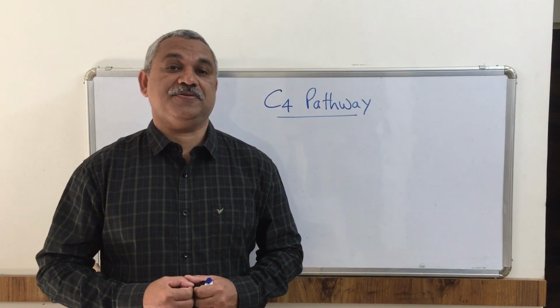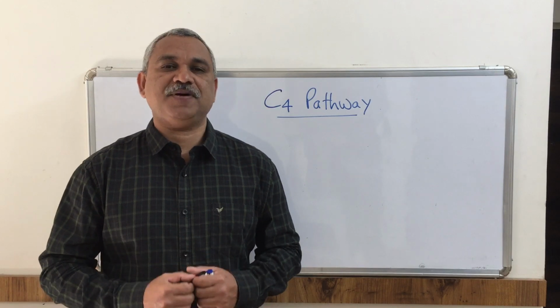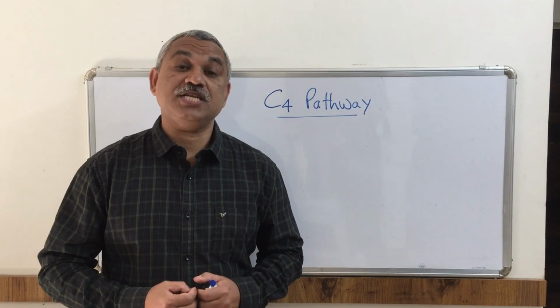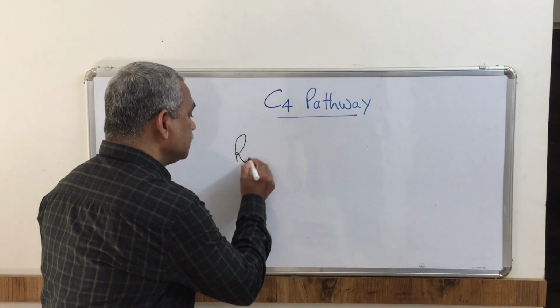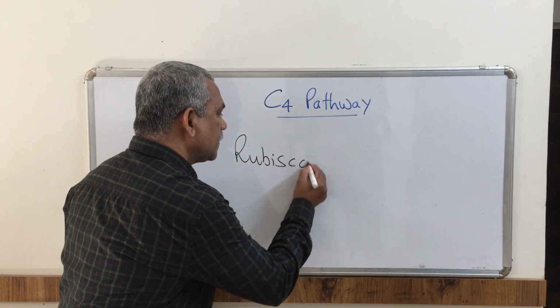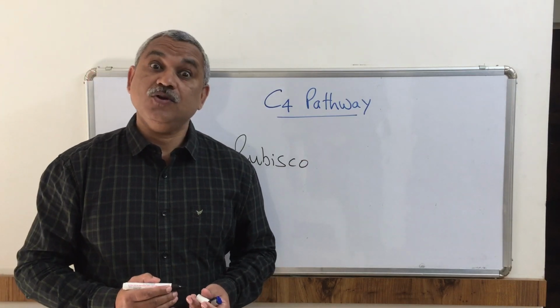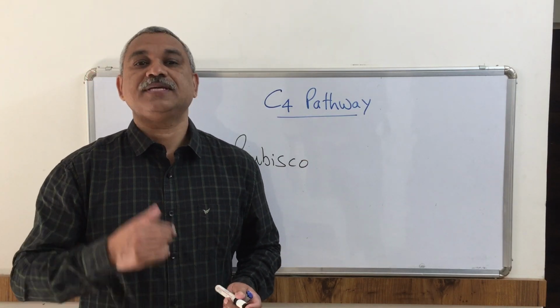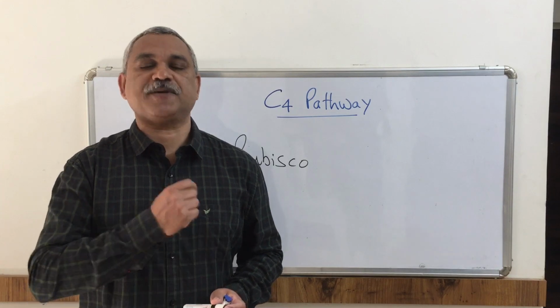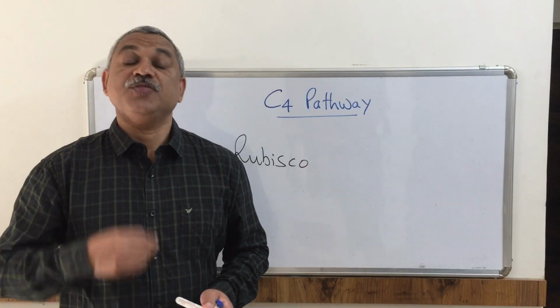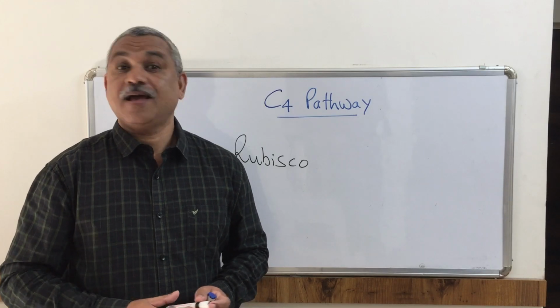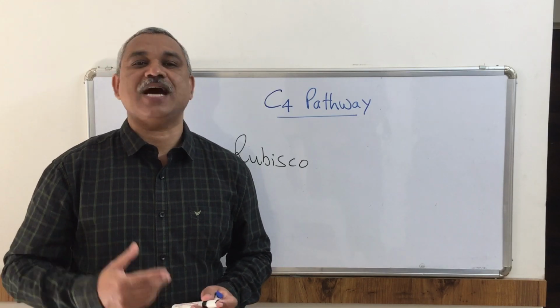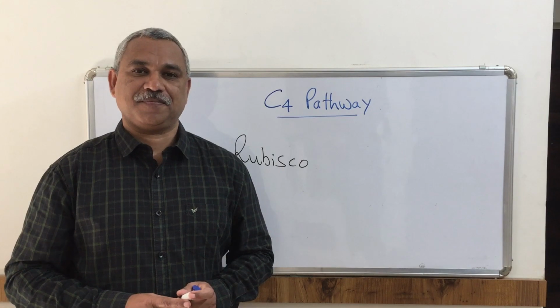In an earlier video, when we were discussing the characteristics of the enzyme Rubisco, we looked at the two catalytic activities of this enzyme. This enzyme can function as a carboxylase as well as an oxygenase.